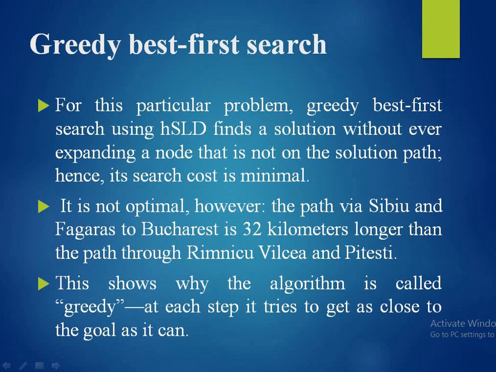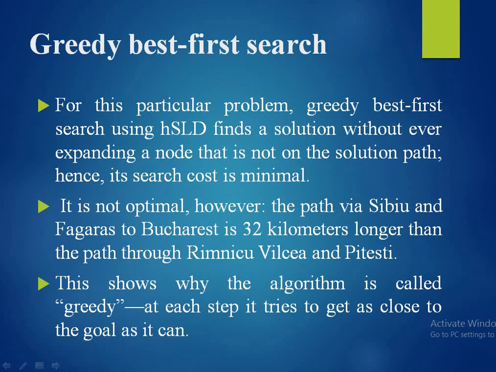For this particular problem, the greedy best first search using hSLD finds a solution without ever expanding a node that is not on the solution path. Hence, its search cost is minimal. It is not optimal, however.